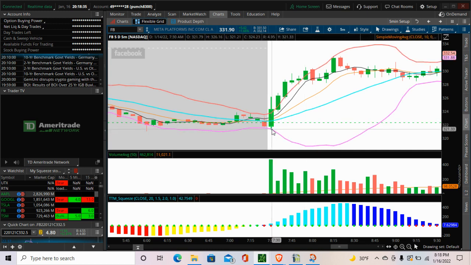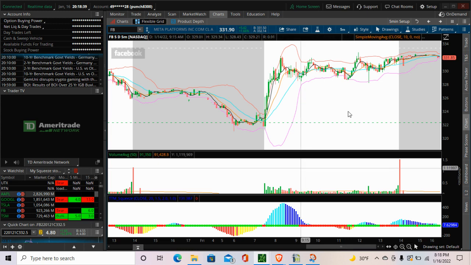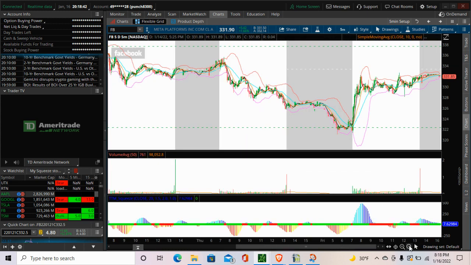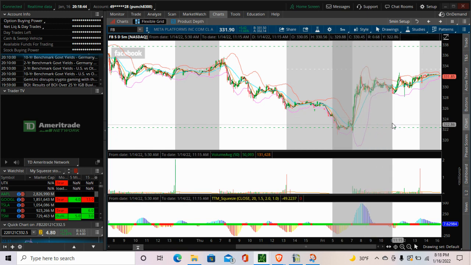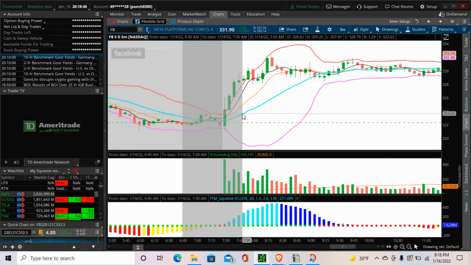That was that little bit of that candle that really pressed down. If I zoom out here, you can see Facebook just went up all day, right? So let's go back here. A couple things we can talk about: it came in to a squeeze. These two red dots were squeezing.